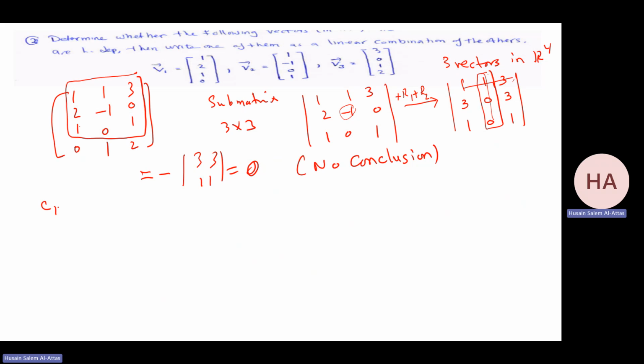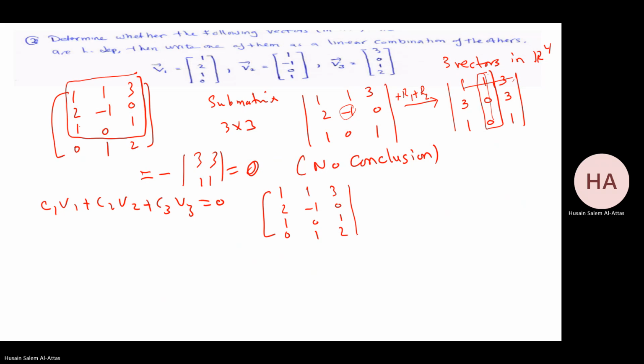I need to check C1 V1 plus C2 V2 plus C3 V3 equal to 0, and solve this system, which is this one. 0, 0, 0, 0. So multiply the first row by minus 2 and add it to the second row, minus R1 plus R3, to get what? 1, 1, 3.